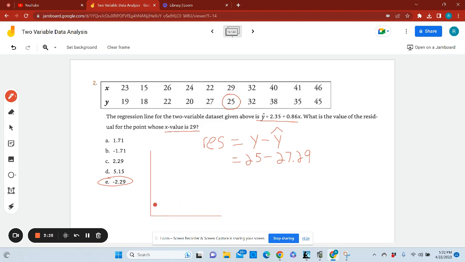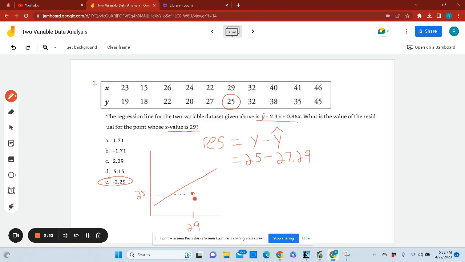All right, here's my regression equation, right? And here is maybe the x value 29, right? And the actual data point when x was 29 was 25, right? So if I draw a dashed line across here, the actual y value is 25, but this has a negative residual of negative 2.29.